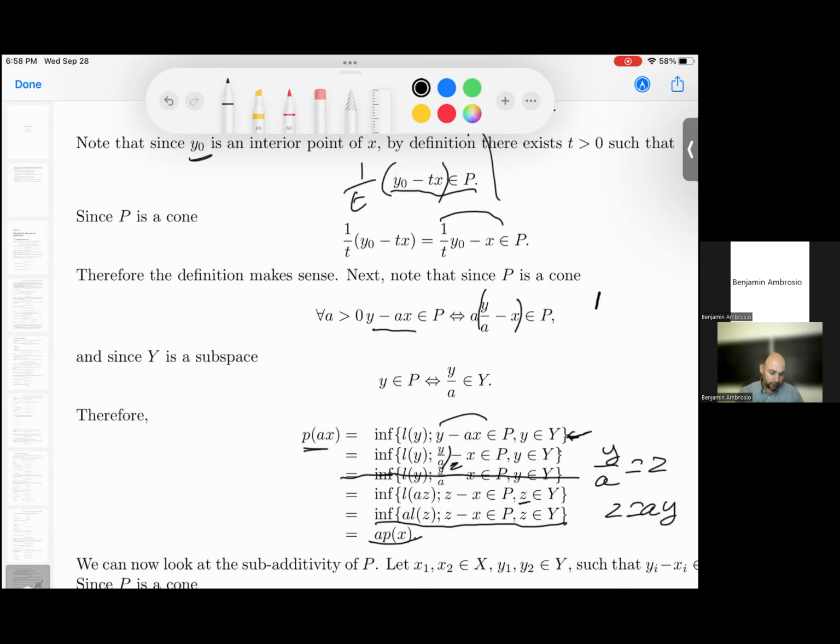Okay, now let us have a look at the subadditivity.